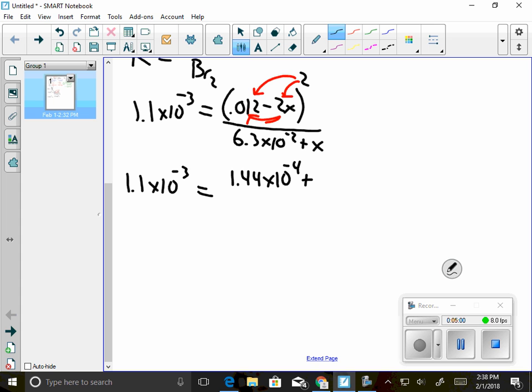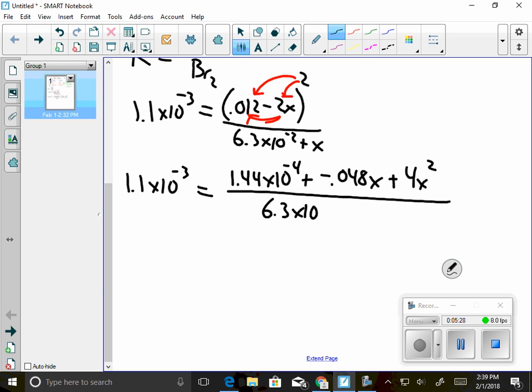Plus a negative 0.048x. That's multiplying the 0.012 and the negative 2x and then doubling it, plus 4x squared, all over 6.3 times 10 to the negative second plus x.